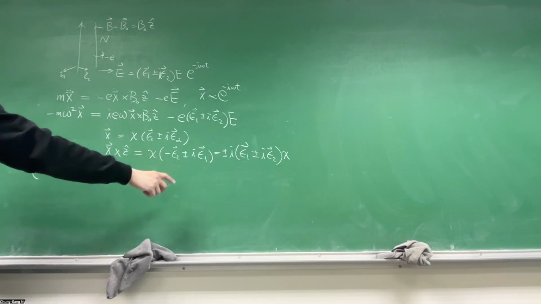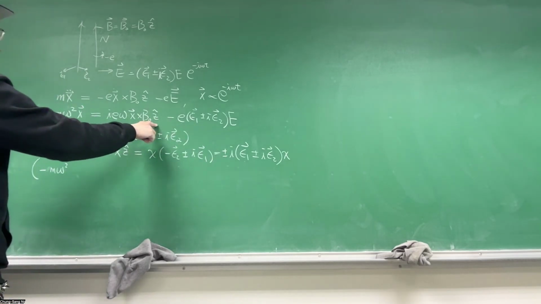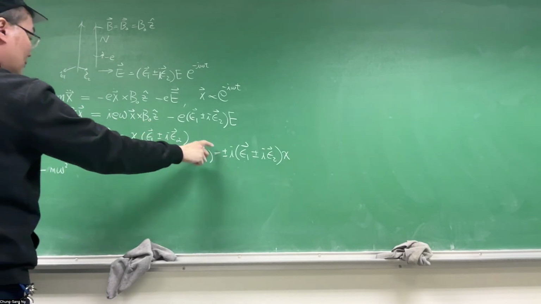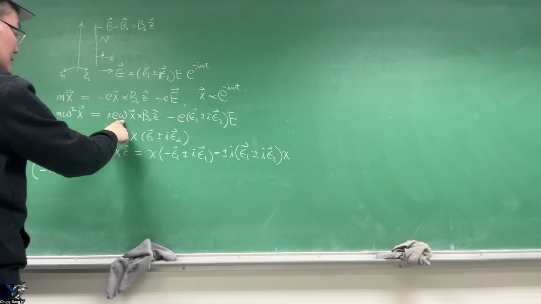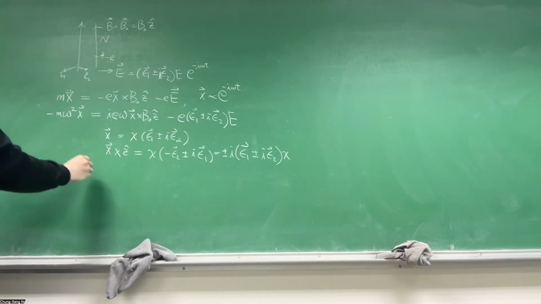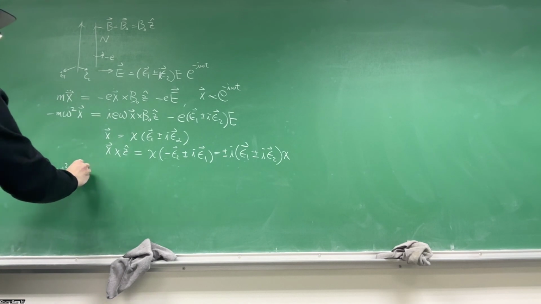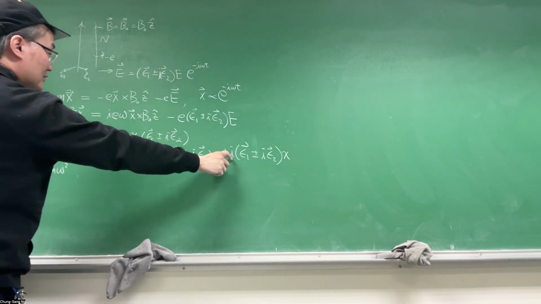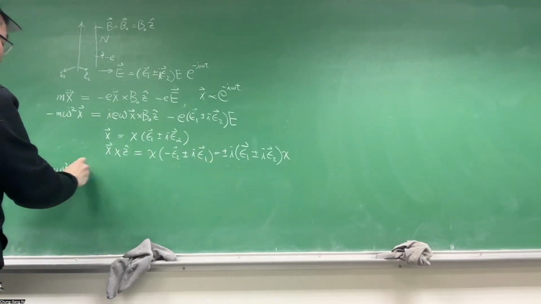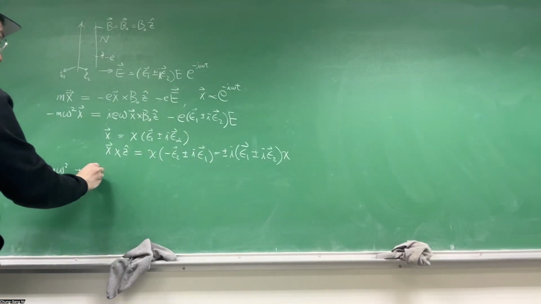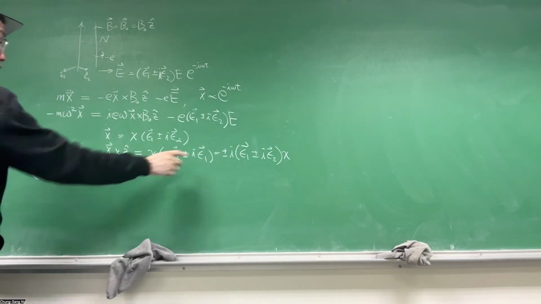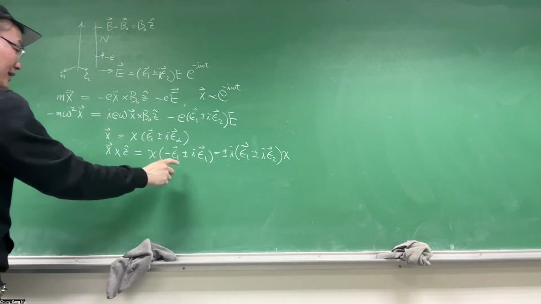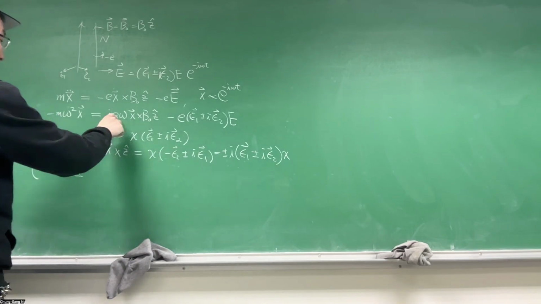And after you substitute this into here, you get plus or minus i times i, which is minus 1. You move it to the other side, plus 1, but then you still have this plus or minus sign. So you get plus or minus i, the rest.